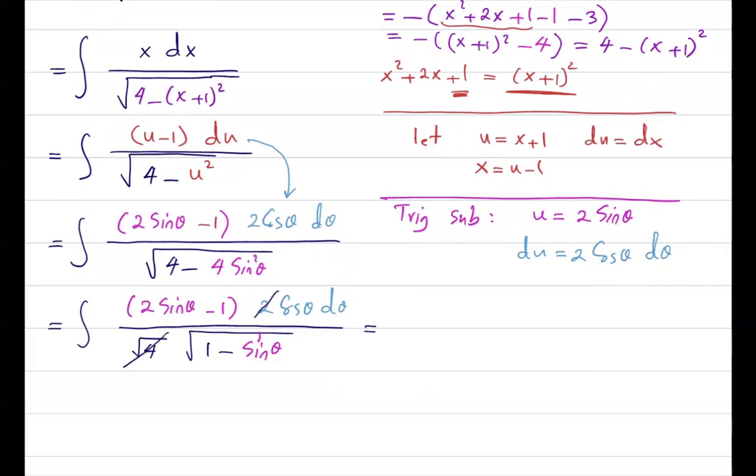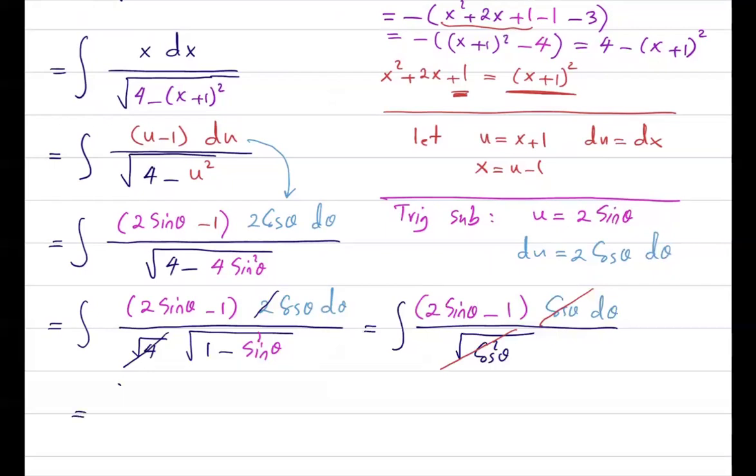These two cancel out, so you get the integral of 2 sine theta minus 1 times cosine theta d theta, and on the denominator you have the square root of cosine squared of theta. And you can cancel cosine and the square root of cosine squared because they are the same thing. So this integral can be written as the integral of 2 sine theta minus 1 d theta, which is negative 2 cosine theta minus theta plus the constant of integration.